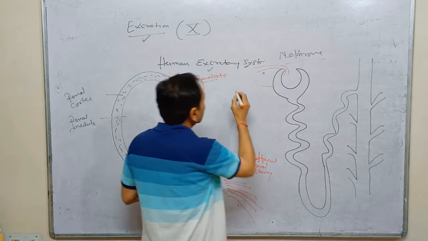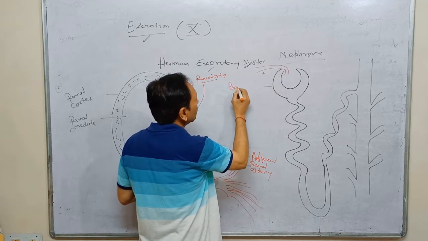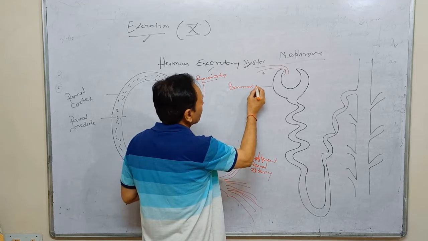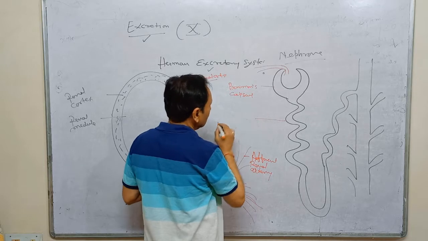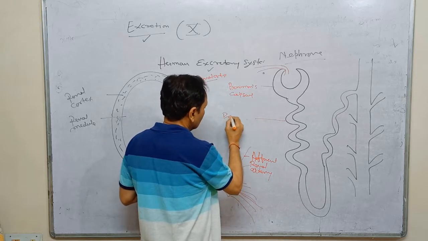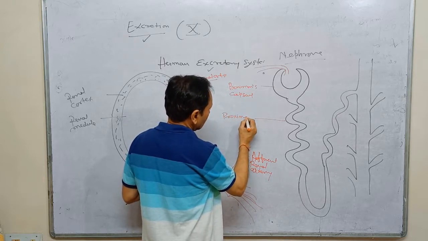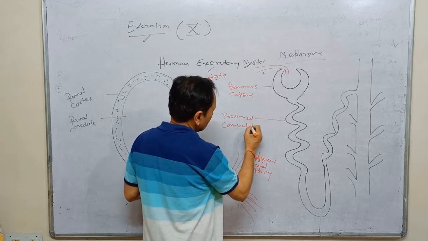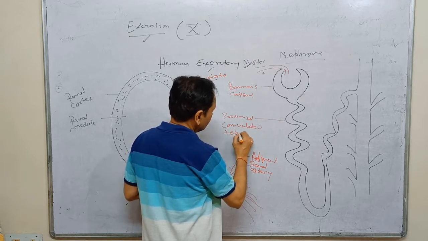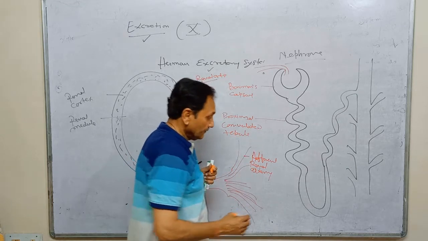It is called Bowman's capsule. This is called proximal convoluted tubule.